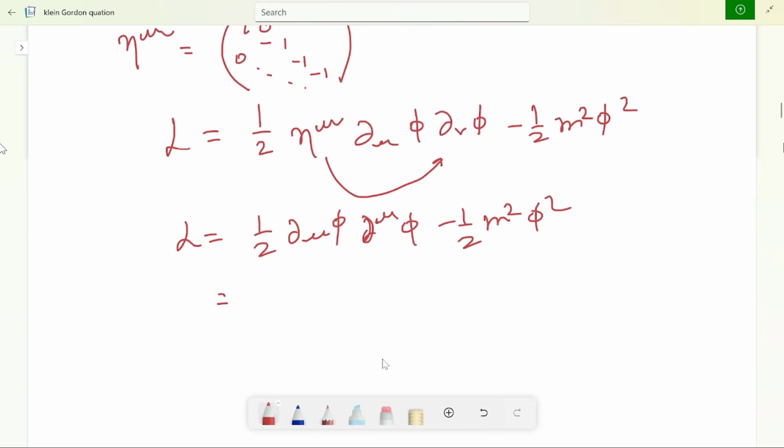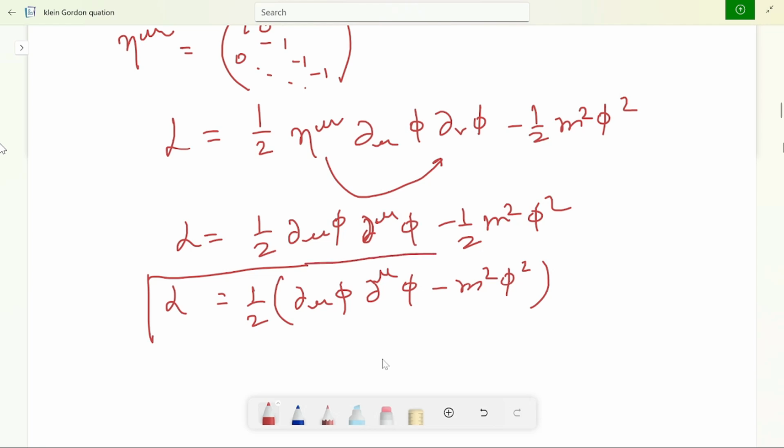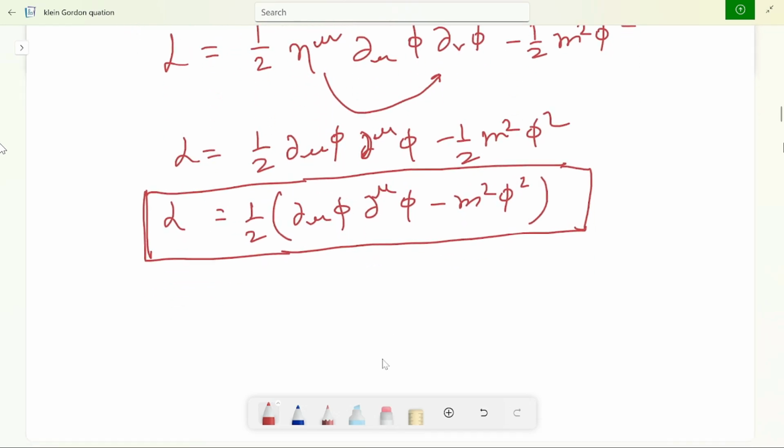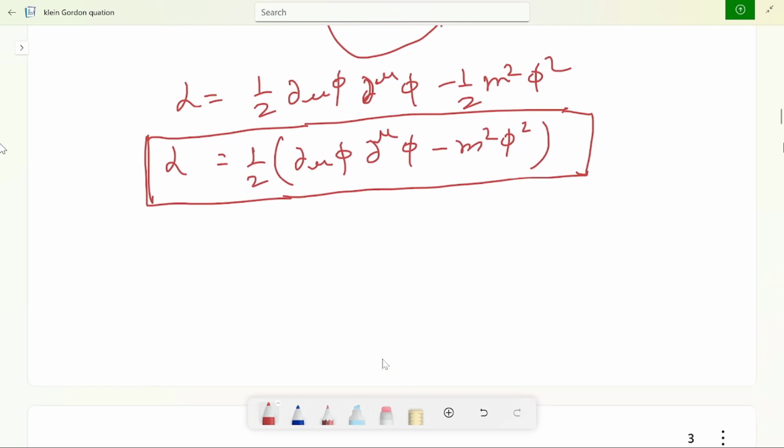Simplifying things a bit, this is just half d mu phi d mu phi minus m square phi square. This is the most common form of the Lagrangian density that you are going to encounter in the most famous books, right? We are going to use this form and proceed with our derivation.